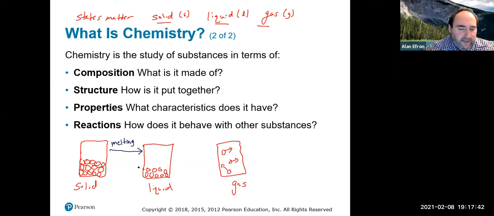We go from liquid back to solid, that's the process of freezing. We go from liquid to gas, that's the process of evaporation or vaporization, some people call it. Going from gas back to liquid, that's the process known as condensation.